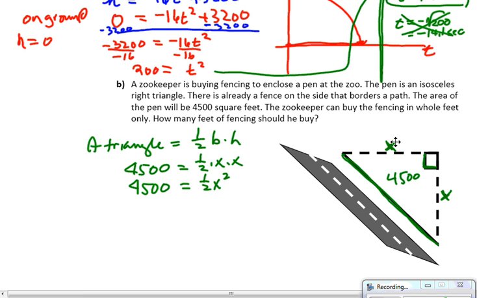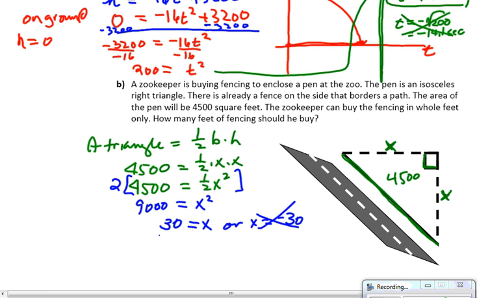So we see the situation where we can use that square root property. To get rid of the 1/2, we're going to multiply both sides by 2 and get 9,000 is equal to x squared. We'll take the square root of both sides, so that we'll get that x is equal to 30, or x is equal to a negative 30, which it can't be. So our x is 30.